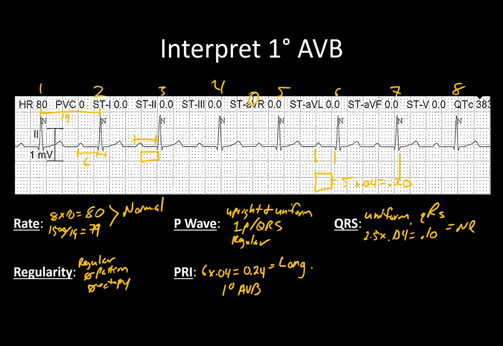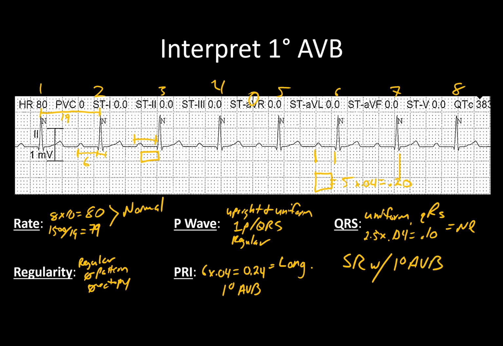And that is normal. So we have a normal rate, normal P waves, regular, normal QRS, that's basically sinus rhythm with first degree AVB. And that's how we discuss this.